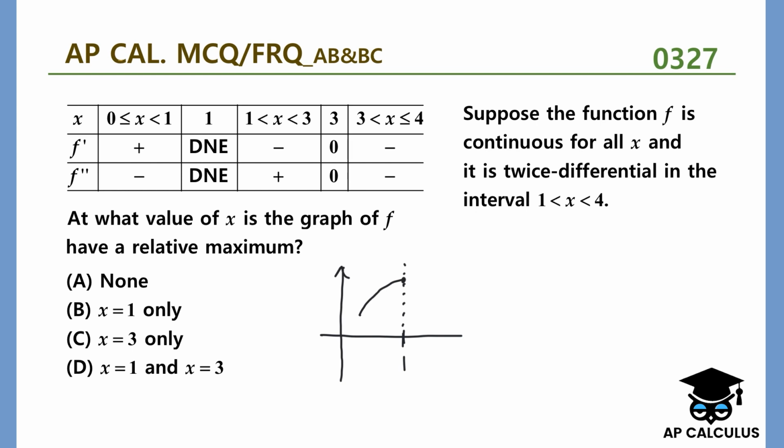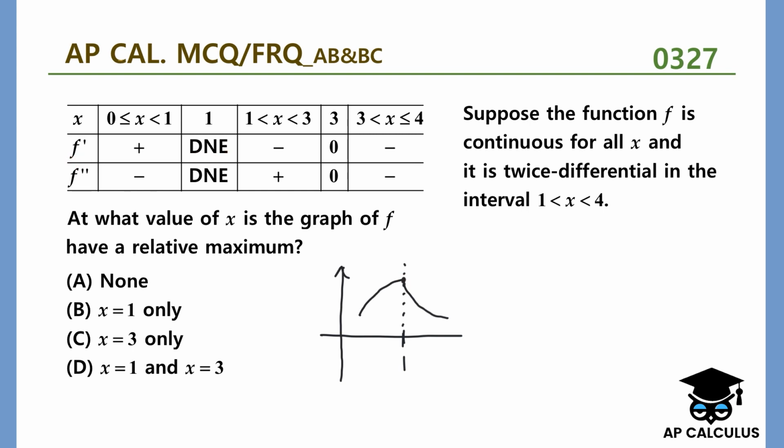Now after 1, we have f prime negative here, right? And f double prime is positive. Decreasing, concave up, right? So decreasing, concave up, it'll be like that, right? So we do have a relative maximum at this point, even though f prime is undefined.